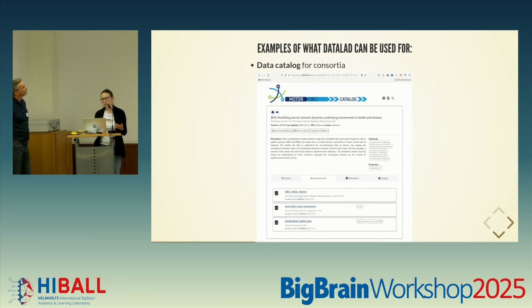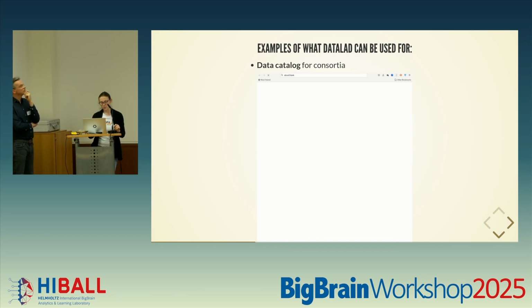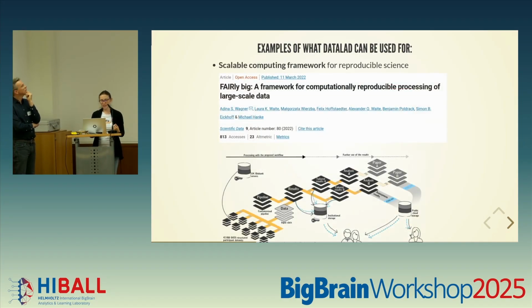You can use it to annotate the data with some metadata as well, but simply making it findable across sites already is a great way to collaborate on data, including, if you want to, links to these Binder instances where you can actually run analysis on these datasets. And then we also use it to do really large-scale reproducible processing. If you're interested in that, then I would point you to this publication where we also provide a detailed tutorial.